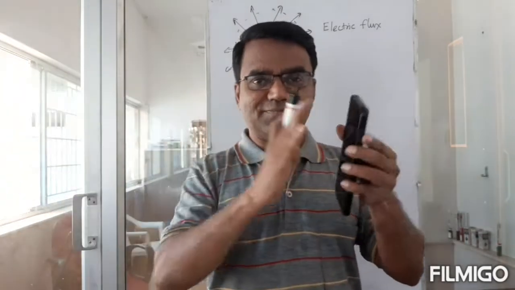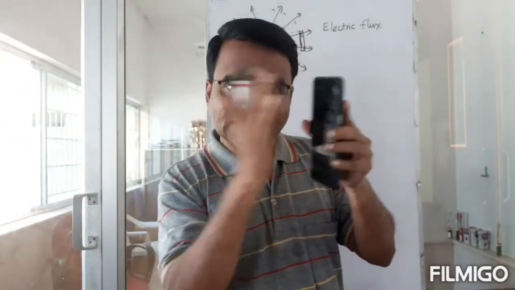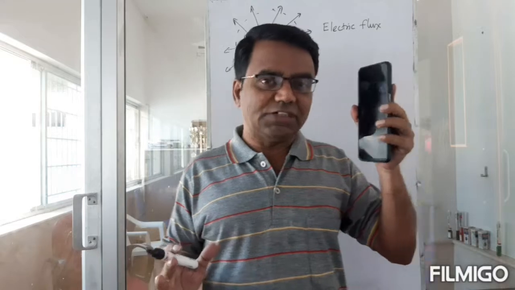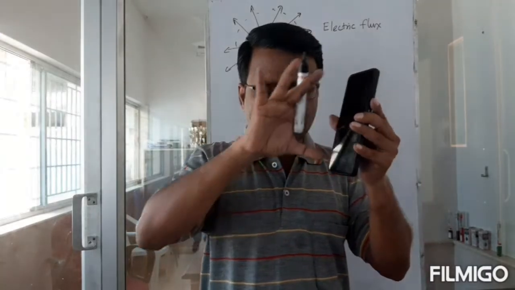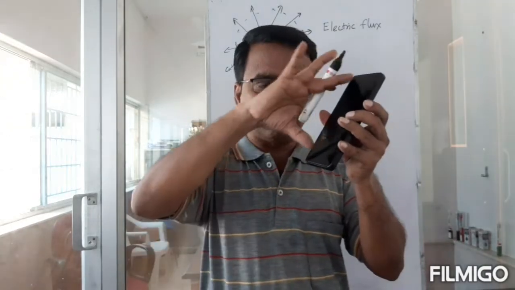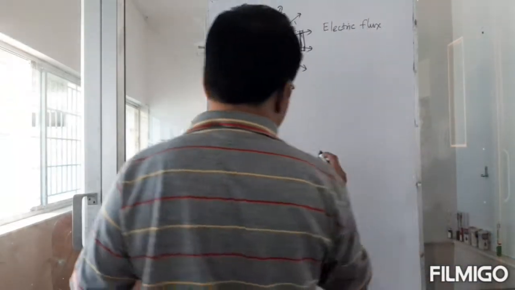Okay, like a stream. Imagine that there is a stream of water coming here and then hitting this. If this is perpendicular to the flow, then all the water will go through this area, right? But if I turn it like this, the amount of water that will go through this will be smaller, right?